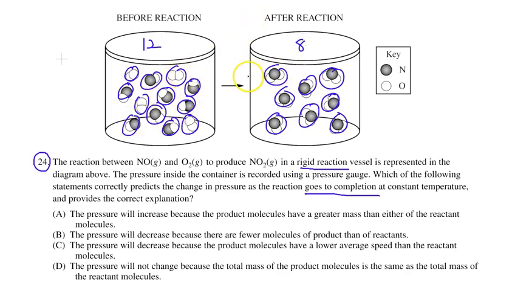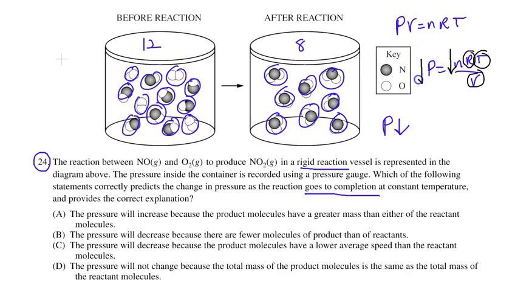So if you've got fewer particles for the same volume, same temperature, the pressure has to drop. PV equals nRT. We solve for P: nRT over V. Volume stayed constant, temperature stayed constant, universal gas constant. So the number of particles decreased, that's my n, and the pressure decreased. It's pretty intuitive. You really do not need the ideal gas law formula, but hey, I guess I'm showing off.